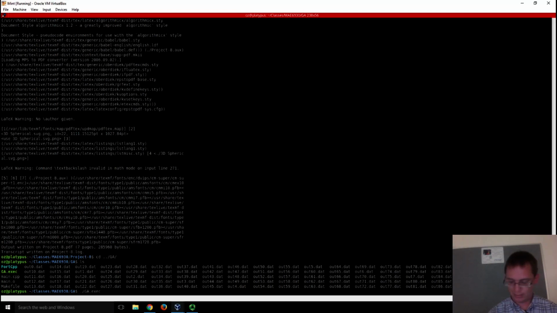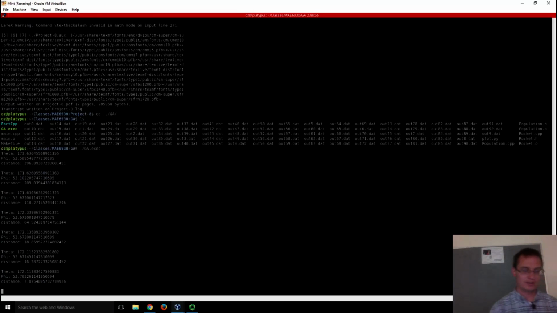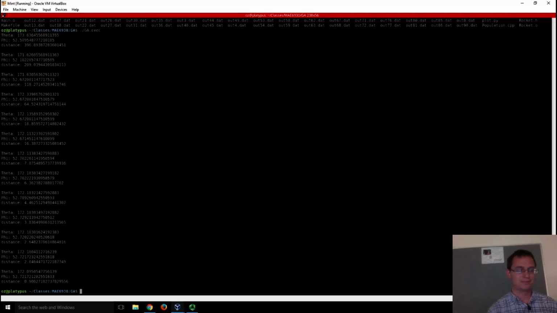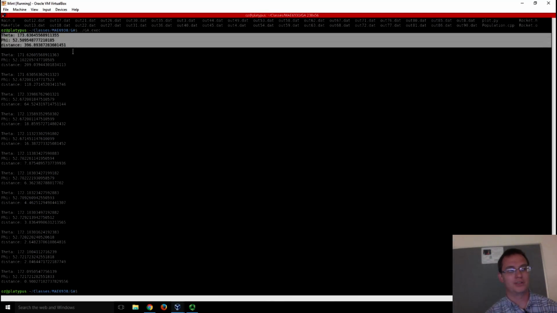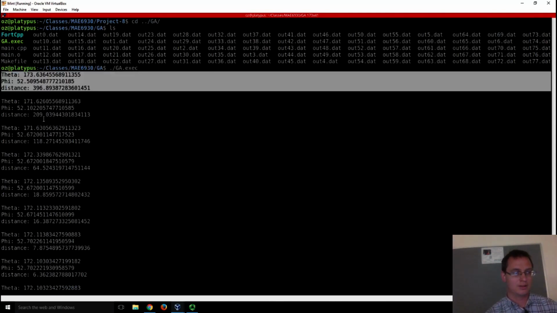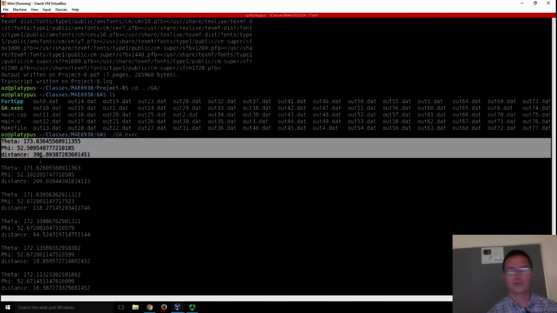so this is mine. I actually did it slightly differently, but in the end, it has the same result. So each one of these, this is the first generation. This is the closest, the best missile. Okay, can you see that? They got 400 meters away.